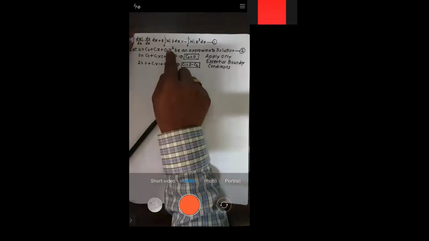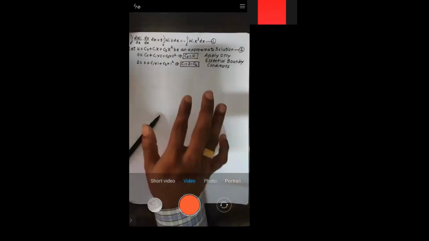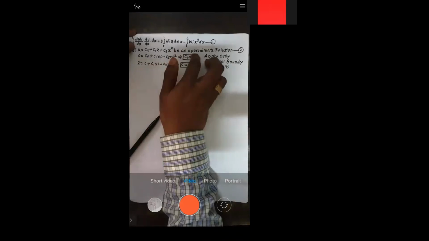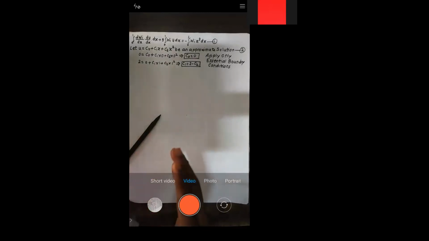Similar problem you can solve by taking one more variable, plus C3x cube, plus C4x raised to power 4, plus C5x raised to power 5. As you keep on increasing the number of constants, your accuracy goes on increasing, but at the same time your solution becomes more and more complex.